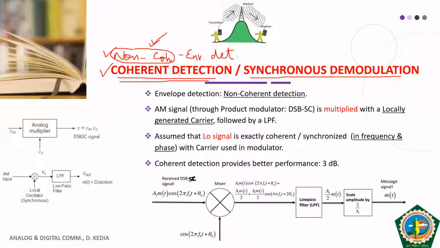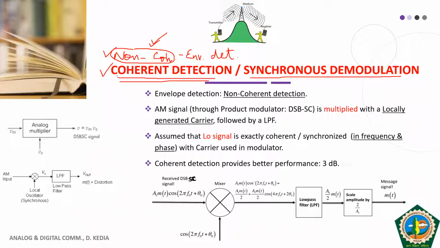Now we talk about the meaning of coherent. Coherent means in consonance with something, in relation with something, in synchronization with something. Coherent means where there is some bonding, where there is some matching. As I told you, there are two types of detection, coherent and non-coherent.